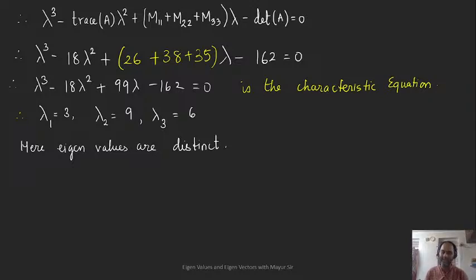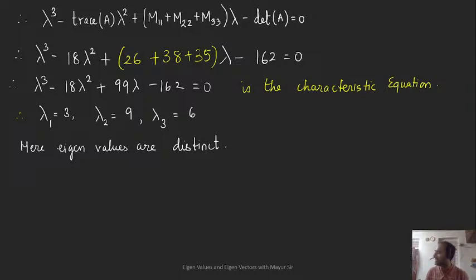We had told that whenever eigenvalues are distinct, what did we say? Just a few slides back we had mentioned that the matrix is diagonalizable.